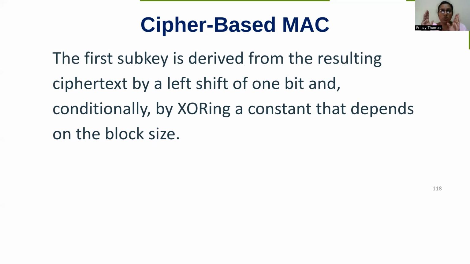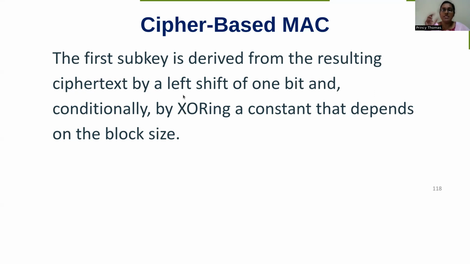But how K1 and K2 are generated is what is being said here. The first subkey, K1, is derived from the resulting ciphertext by a left shift of 1 bit and conditionally XORing a constant, which depends on the block size.